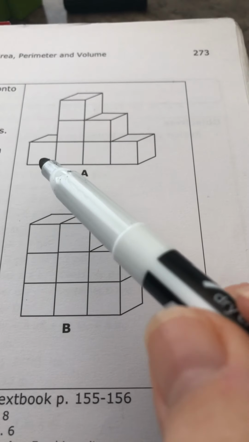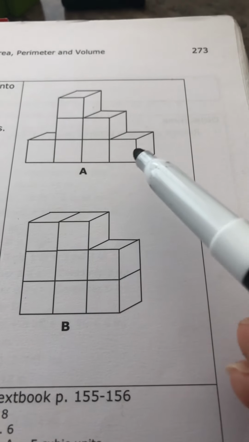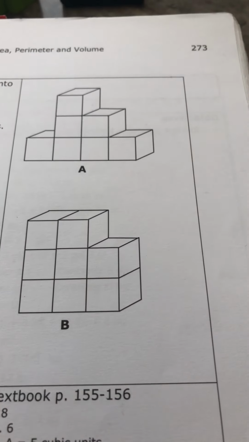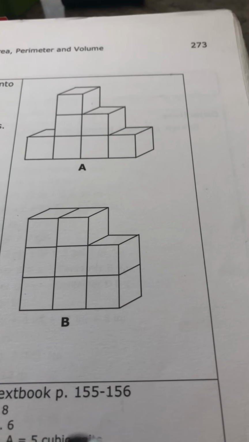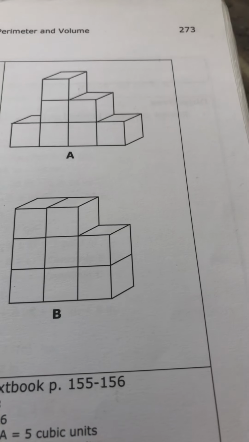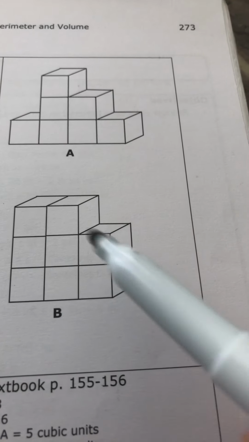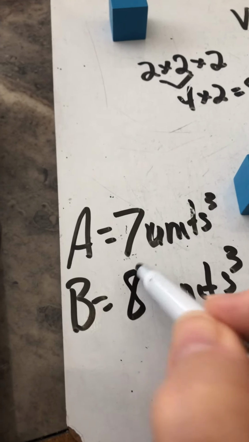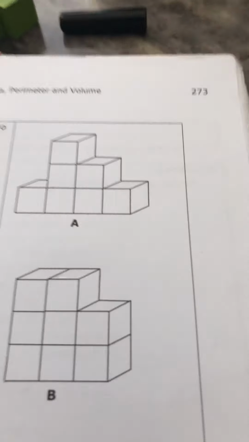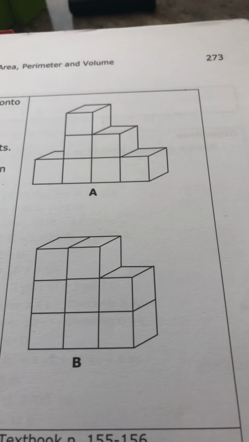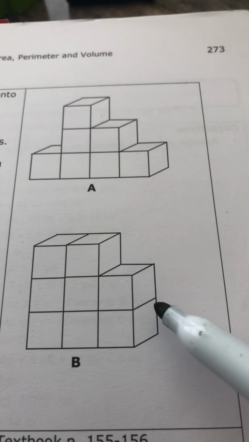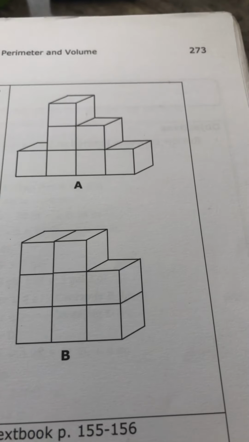And let's go up here so you see what I got that. 1, 2, 3, 4, 5, 6, 7. So what's the volume for figure B? 1, 2, 3, 4, 5, 6, 7, 8. 8 units cubed. Which one has the greater volume? B. Do you all see that?